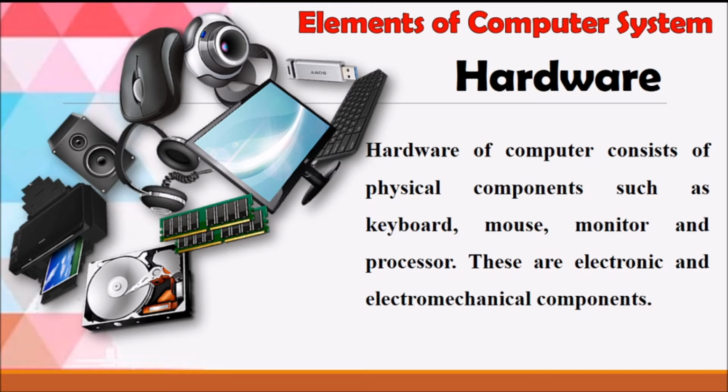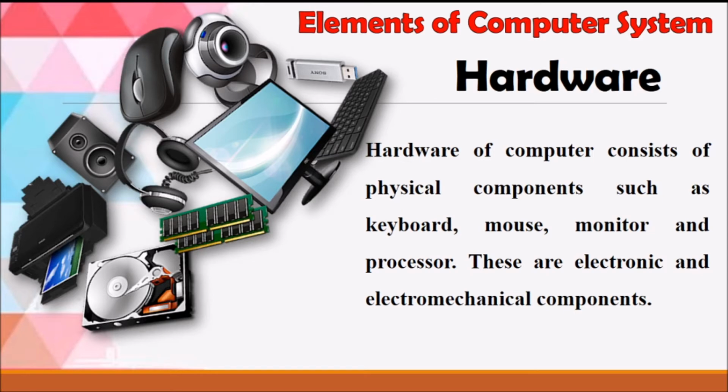First of all, we have to recall the concept of hardware. Mainly two parts are there: visible and not visible parts. The visible parts which create the physical components are known as hardware.